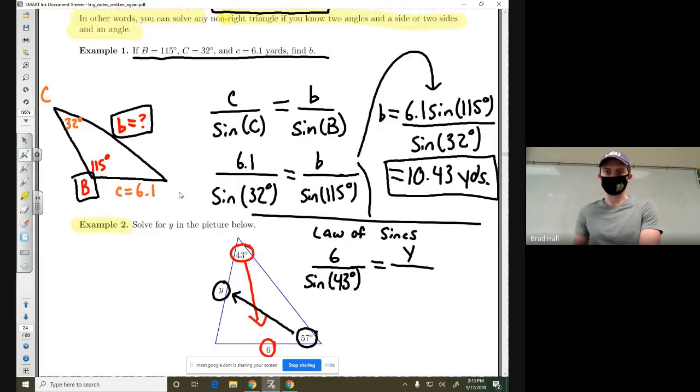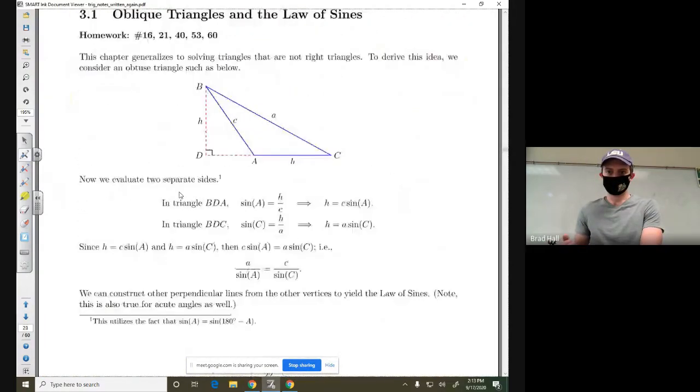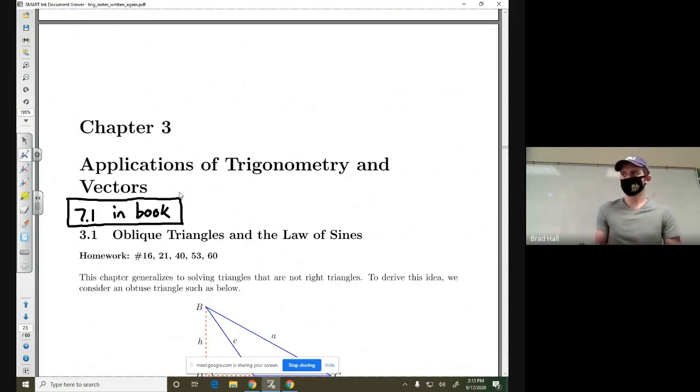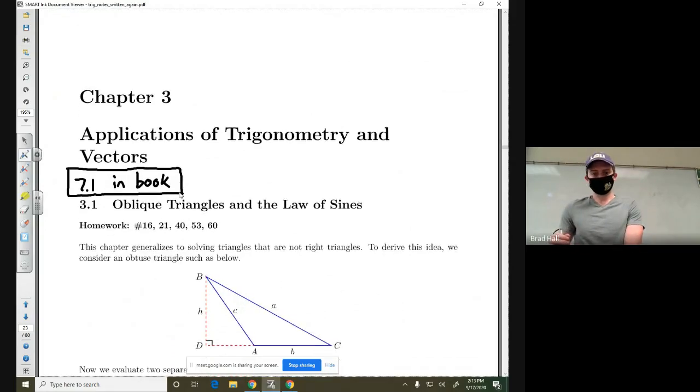It's probably worth mentioning as well, this is 7.1 in the book. That'll probably be helpful. We're going to skip around moving forward. So let it be known.